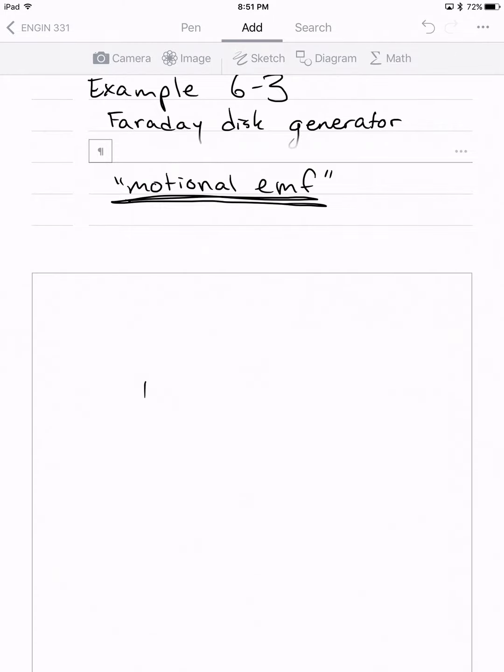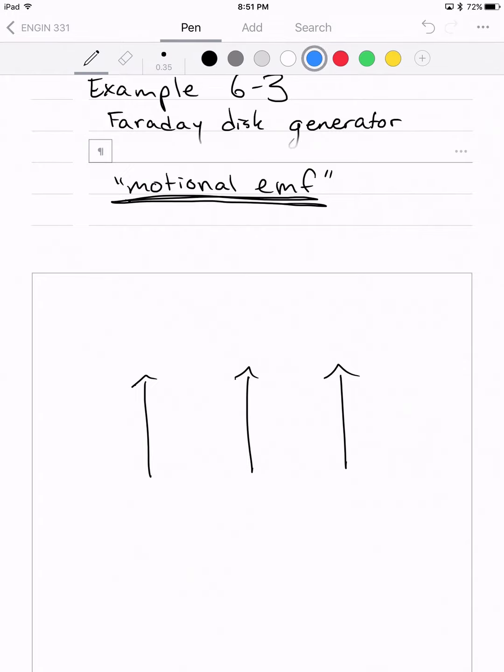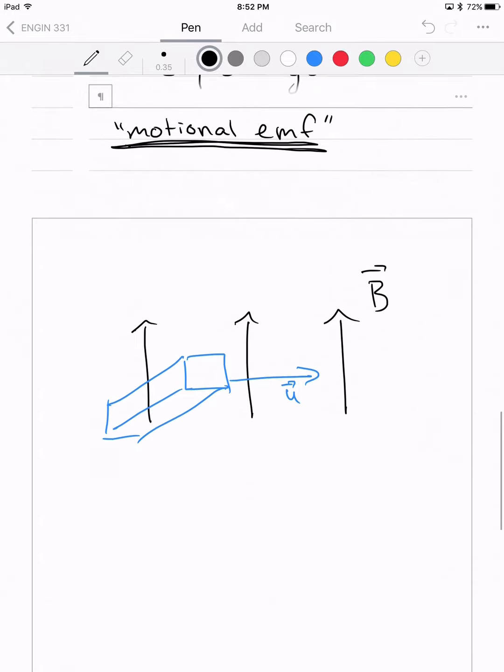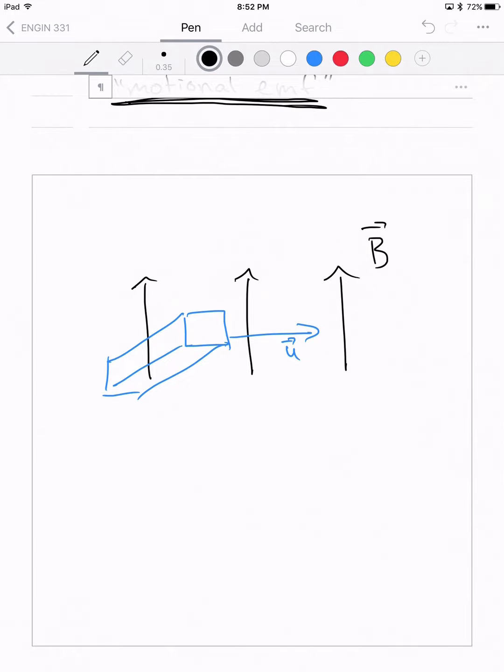So, if we have some sort of magnetic field, and we also have some sort of conductor, let's say maybe a conducting bar, that is moving with some velocity through the magnetic field. This will generate a voltage in the conducting bar.